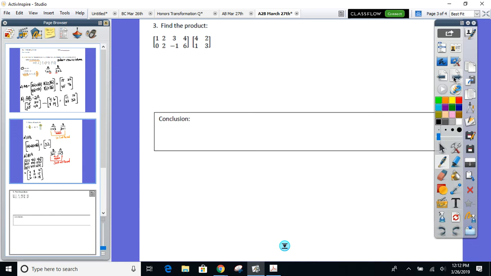All right, one more to make us great. Find the product, so they want us to multiply that. So I'll take the first matrix, I'll call it A, and it looks to be a 2 by 4. And the second one, B, that ends up being a 2 by 2. Timeout. Take a look. That's a no-go.